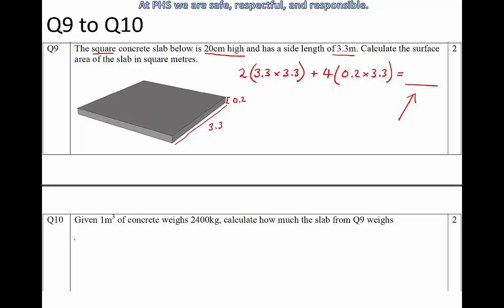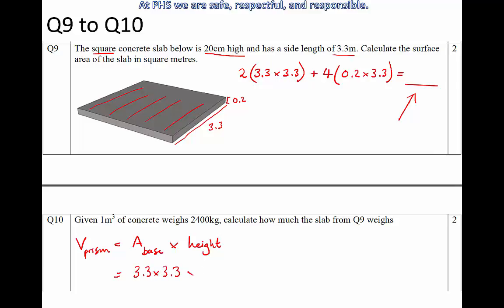So let's go with the volume. So the volume of a prism is equal to the area of its base times its height. So the area of its base, well, this up here, this square shape up here is its base. So that's going to be 3.3 times 3.3.